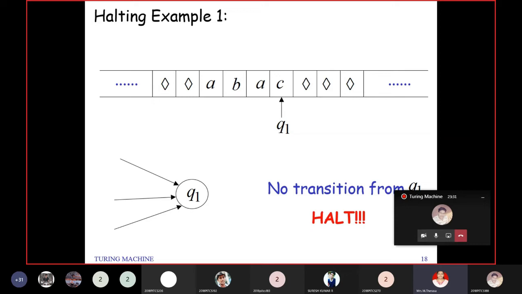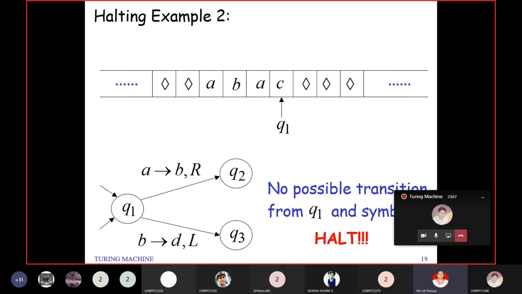I mean, when you are in state Q1 and you read anything, you won't make a transition, so the machine will stay in Q1 itself. So this is called halting. It is not accepting, but the machine halts because no transition is mentioned from this Q1. Okay, we'll see another example.